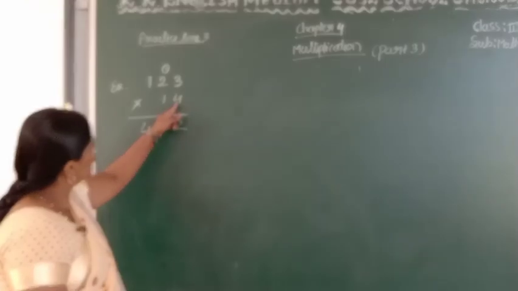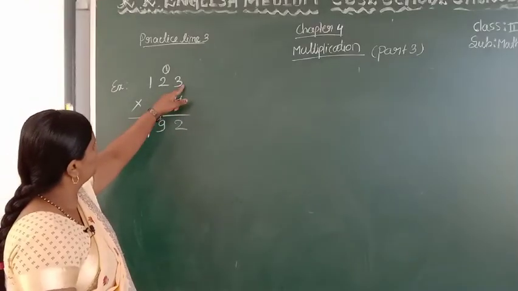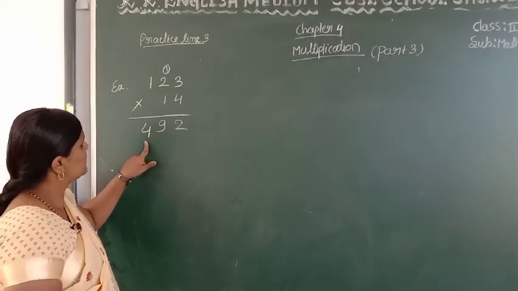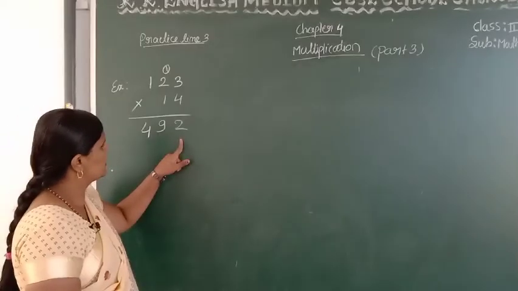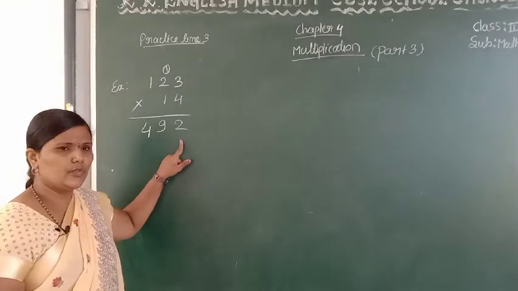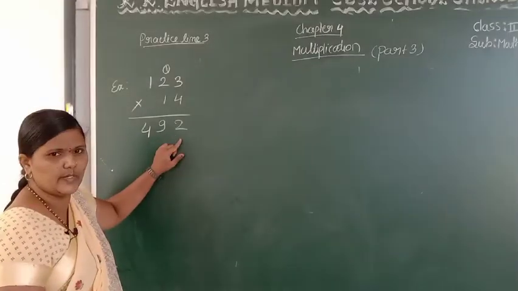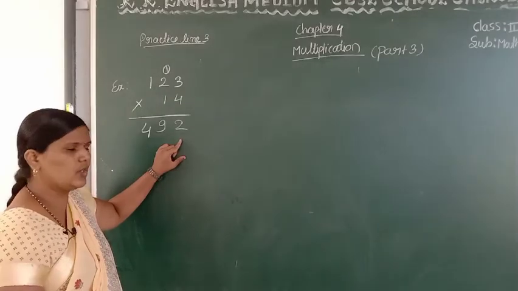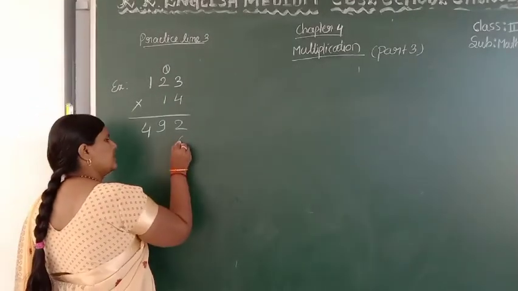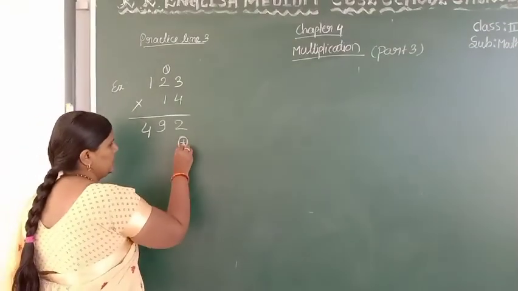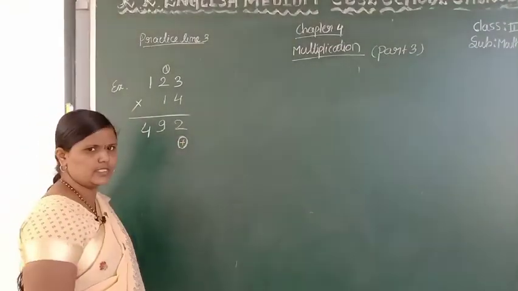First you have to take this number and multiply these 3 numbers and write the answer here. Next, on this side, in the first place there always comes 0. You should take 0 only here. It is compulsory, you have to write 0 here. Otherwise you can put a plus symbol there.